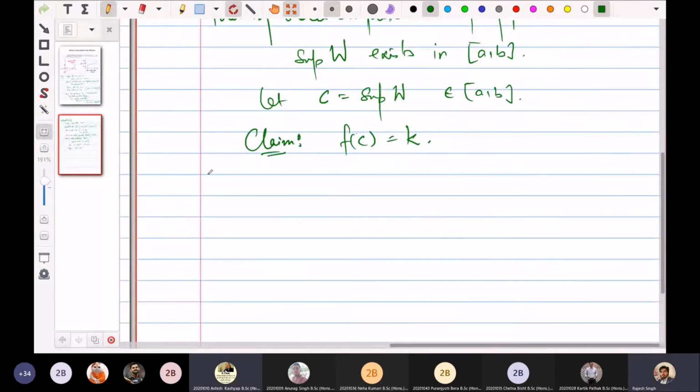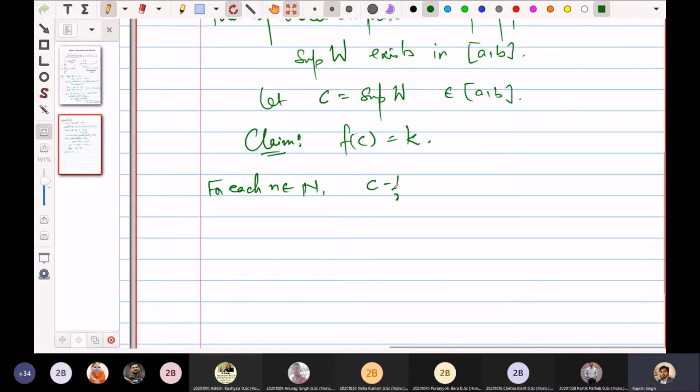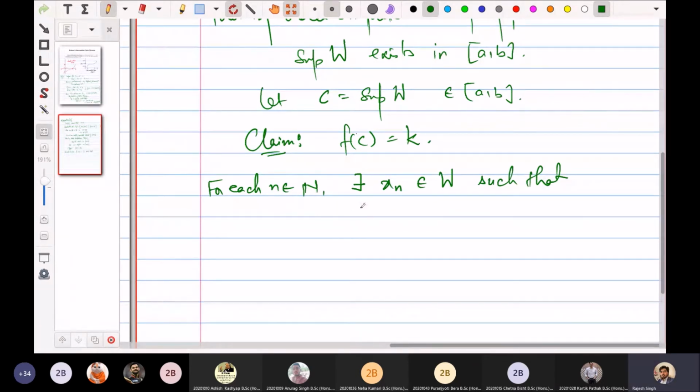सीक्वेंस, कैसे लेंगे सीक्वेंस? For each n belonging to N, C minus 1 by n is not an upper bound for this set, so there exists xn belonging to W such that C minus 1 by n is less than xn is less than or equal to C, right? क्योंकि C minus 1 by n is not an upper bound for this set, so there exists something bigger than this.